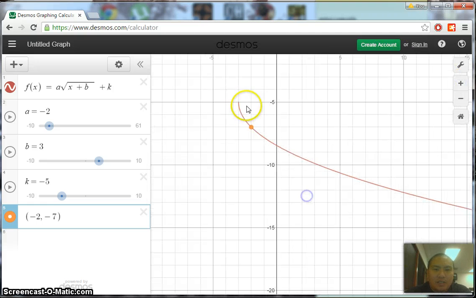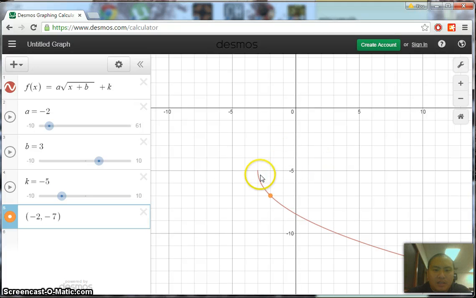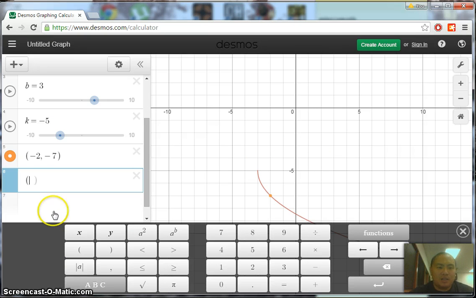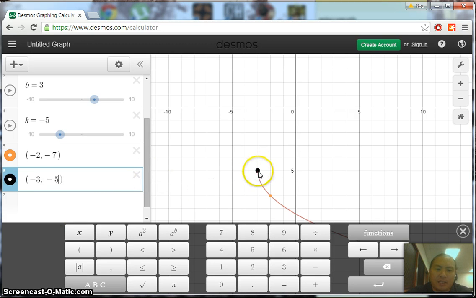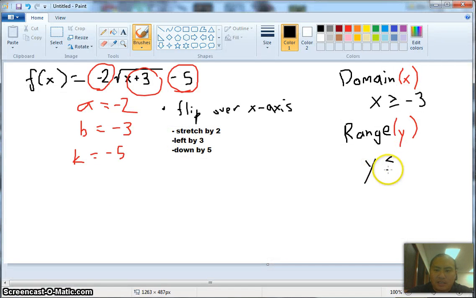Does it ever equal -5? Yes, it absolutely does. That point is (-3, -5). Okay, that's that point, and it does equal -5 at that point. So it's less than or equal to -5. So that's our domain and range.